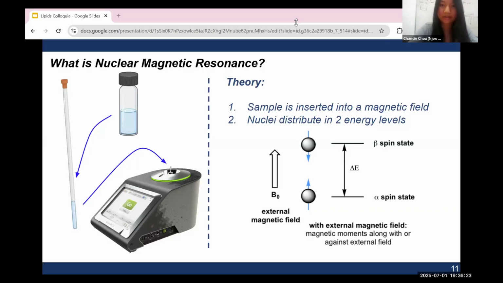Within this magnetic field, the nuclei of your compound can distribute into two different energy levels, the alpha spin state and the beta spin state. The alpha spin state is lower in energy since the nuclei is oriented with the applied field, whereas the beta spin state is higher in energy because it's opposed to the magnetic field.